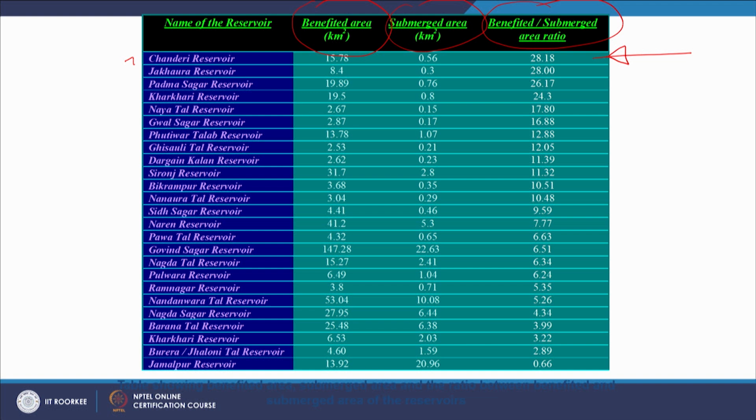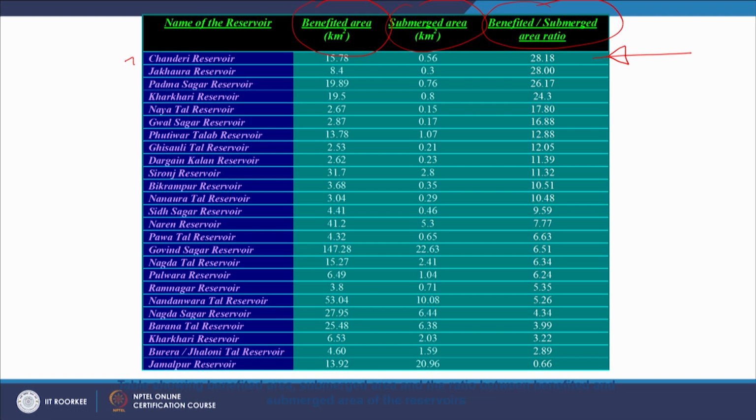That is a very clear indication that in the vicinity of this reservoir, or in an area where the geological, topographic and geomorphological setup is almost the same, if I construct another groundwater recharge structure, then I am going to have 28 times the benefit, or 28 times the return. Because I will be submerging only 1 square kilometer of area, for example, and in return 28 square kilometers in the downstream will get the benefit of groundwater recharge, which indirectly we can assess through the growth of vegetation.